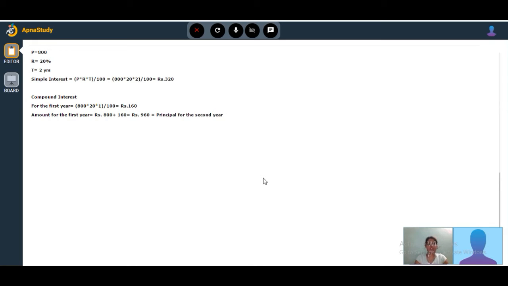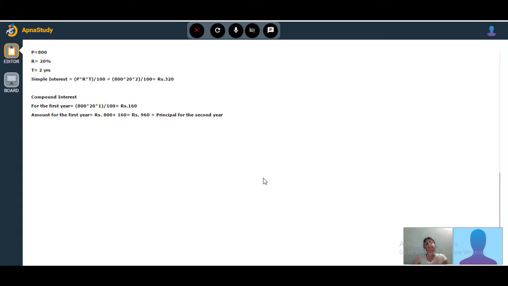So from the compound interest concept, it is very clear that the interest is calculated on the principal plus the interest of the previous year. In this case, the principal was 800 and the interest for the first year was 160, so the principal amount for the next year is 960.